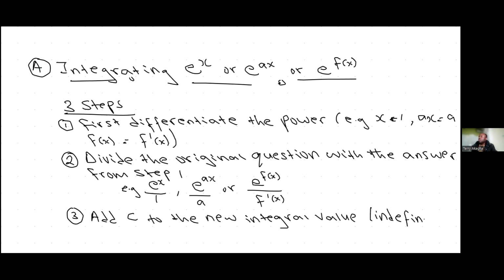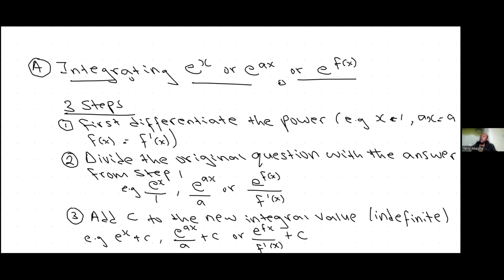Very soon I'm going to explain the concept of definite and indefinite. So at the end of the day, you're going to have e to the x plus C. In this case, it's going to be e to the ax divided by a plus C. Or in this case, it's going to be e to the f of x divided by f prime x plus C.